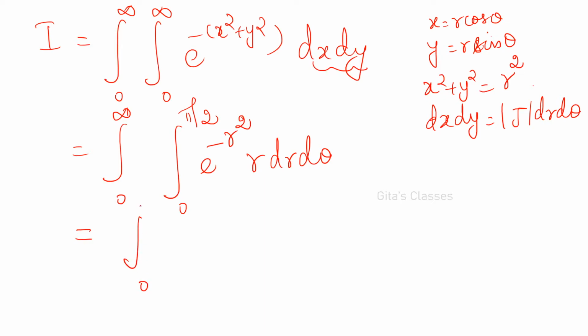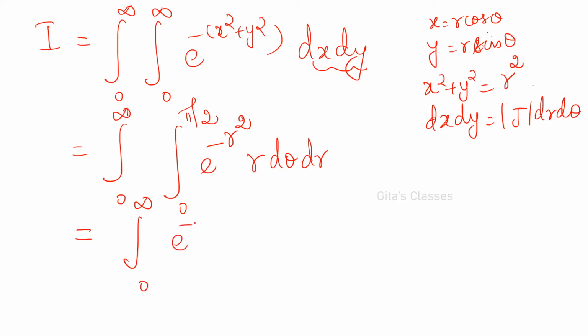So this is equal to integral 0 to infinity. First let us integrate with respect to theta. Sorry, we have to write this as d theta dr, right? Because the inner integral is 0 to pi by 2, so first it is d theta. So d theta dr, integral 0 to infinity.